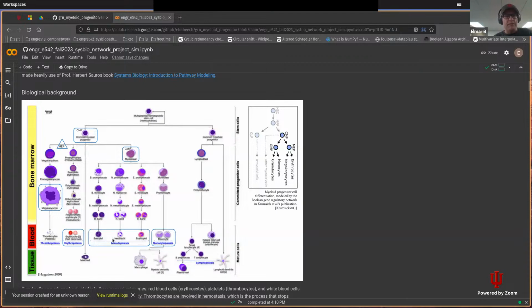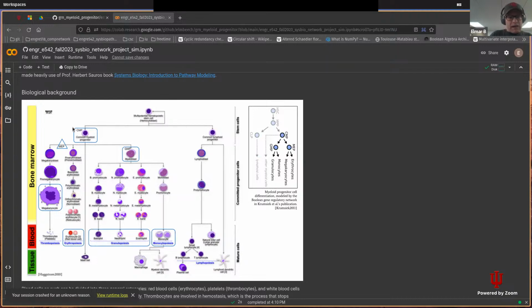We have the granulocytes, which are also immune cells, but then we also have the erythrocytes, which are the cells that transport oxygen from the lung everywhere into our tissue. And then we have the megakaryocytes, which will turn into platelets, and platelets are used when we cut ourselves, so that the wound heals together again.